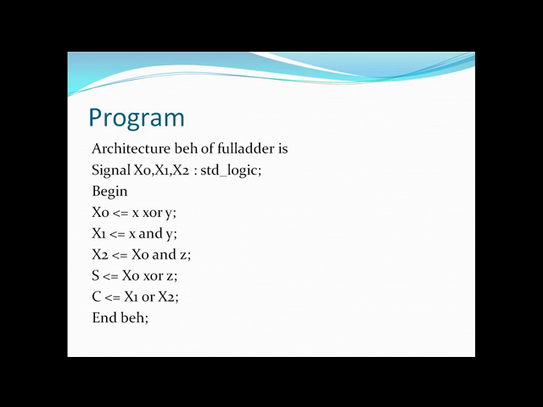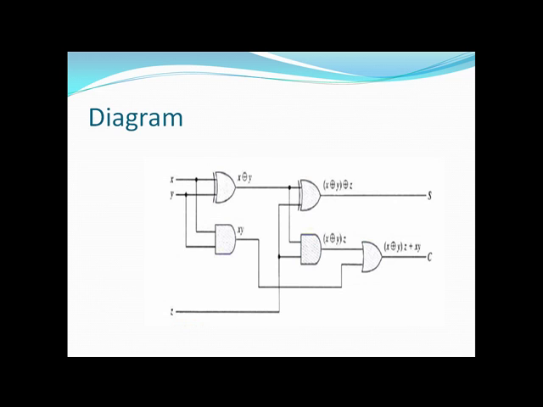And in the diagram we are getting X exclusive OR. Here in the entity part we are declaring only X, Y, Z and sum and carry. Inside the gates we are getting some outputs now. X and Y XOR give X XOR Y. It's going to be acting as a signal, a wire, or a variable.